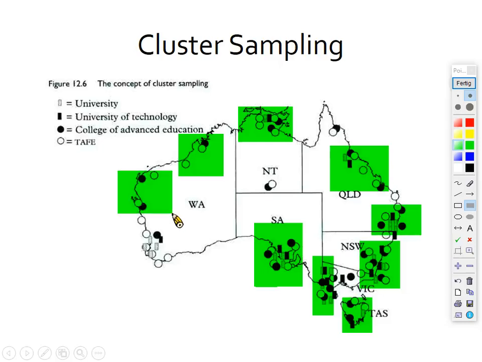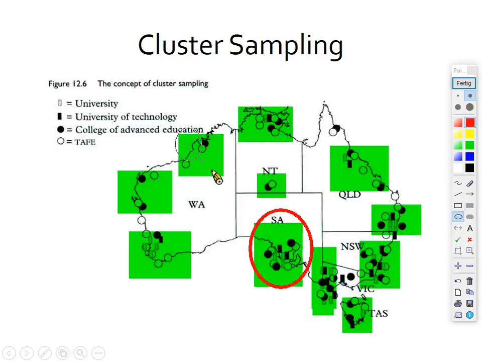This is a cluster. The idea of cluster random sampling is that we randomly select 1 or 2 clusters. So if after selection we have 2 clusters, then we go to investigate and collect data from all the higher education institutions inside the cluster.